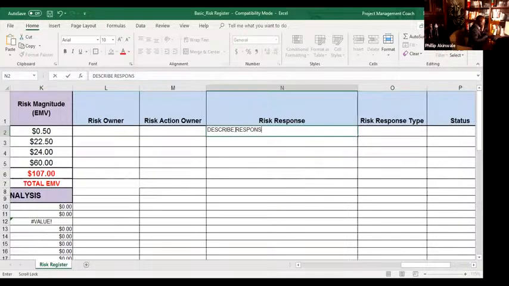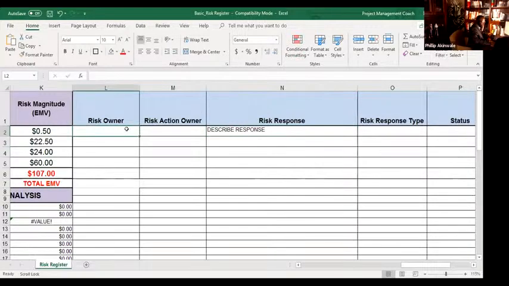You would also put in the name of the risk owner. In other words, the person who came up with the idea for you to counteract the risk in a particular way described in the response, or the person whose objectives are being affected. So the risk owner is Phil.